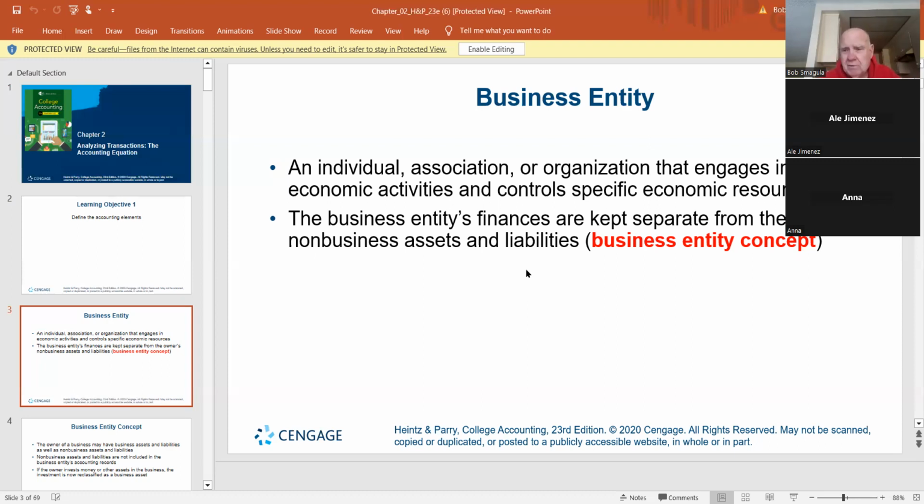Well, at that point, you know it's not a business transaction. It's a personal transaction and needs to be handled in a certain way so it doesn't impact the company's reports. That's all we're saying there. You keep the personal business of the owner away from the business itself.